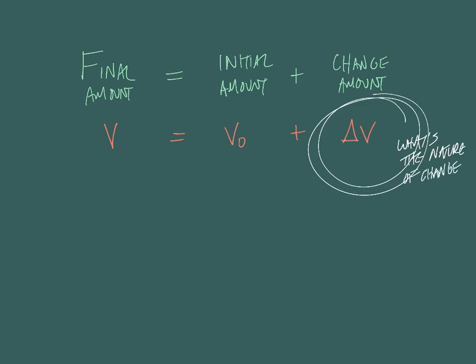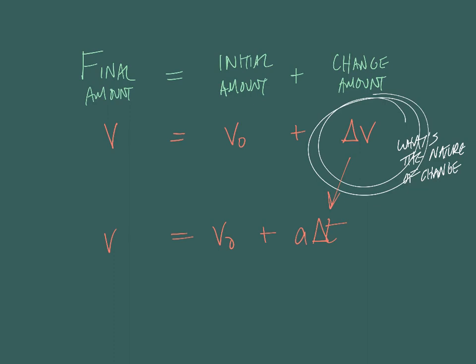And so what did we determine? Well, we determined that the change in speed was equal to acceleration times time. So we go from here to here. That's what we just did in the last screen. This whole lab was about what's the nature of that change, but we came at it from the other direction.